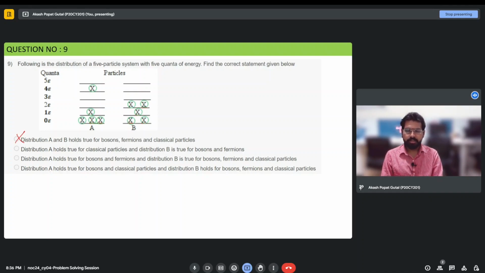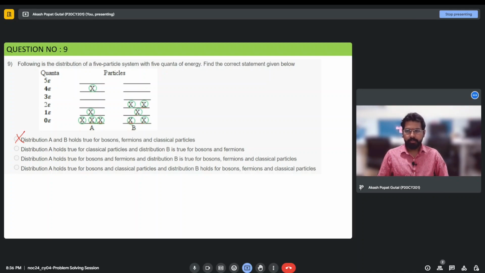The second statement is: distribution A holds true for classical particles and distribution B is true for bosons and fermions. If you see, distribution A is true for classical particles.